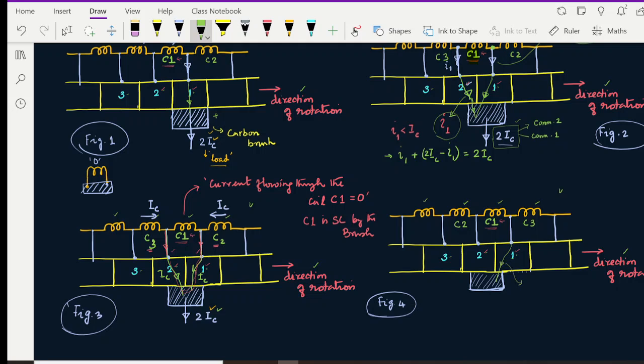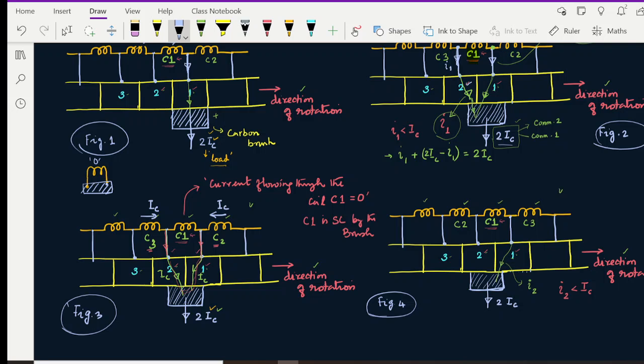Let us call that contribution I2, and it is very similar to what we discussed in figure 2. Here also I2 is going to be less than IC. So there is a contribution coming from commutator segment 1, but that is I2. And don't forget, still the current exiting from the brush is going to be 2 IC.